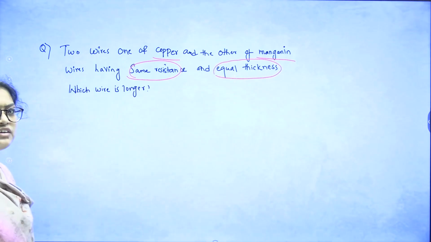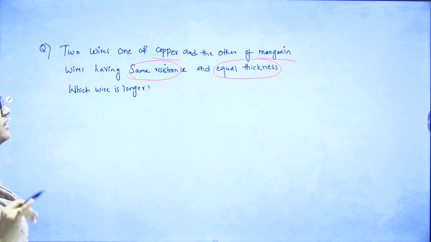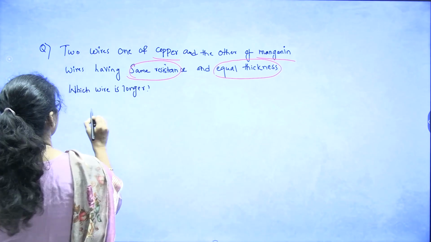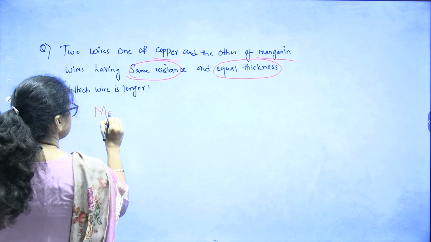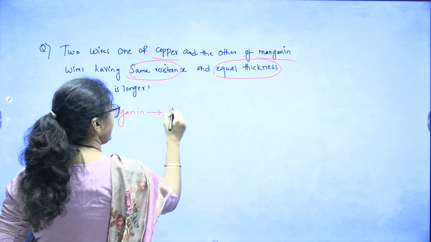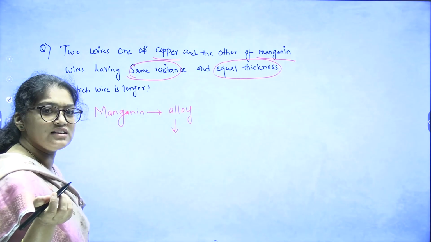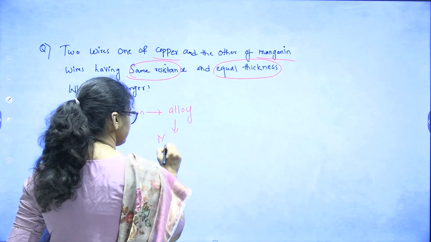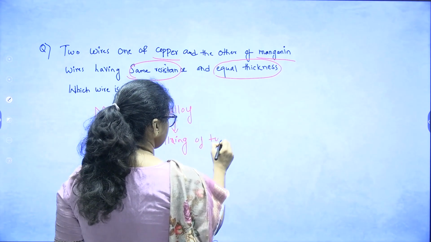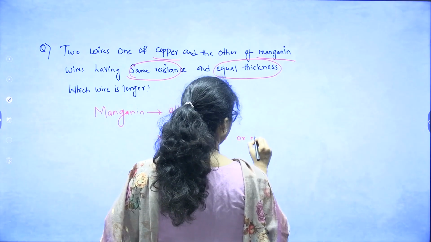Area is the same and resistance is also the same for the 2 materials. Manganin wire is an alloy. Alloy means a mixing of 2 or more metals. Yes or not? Yes.